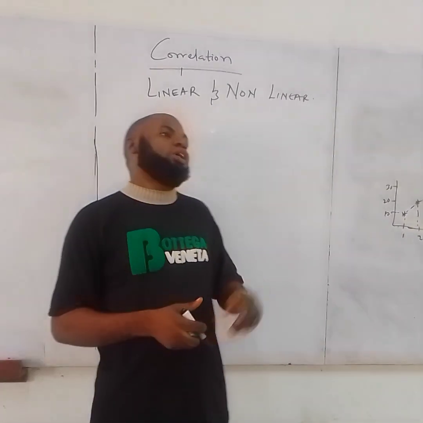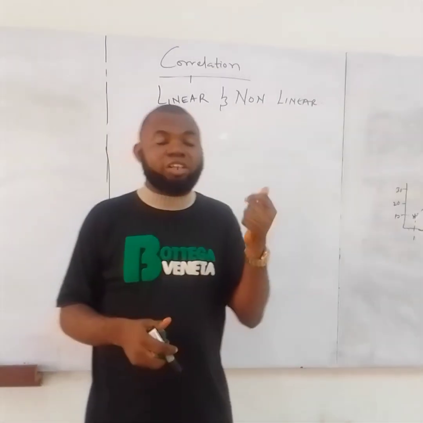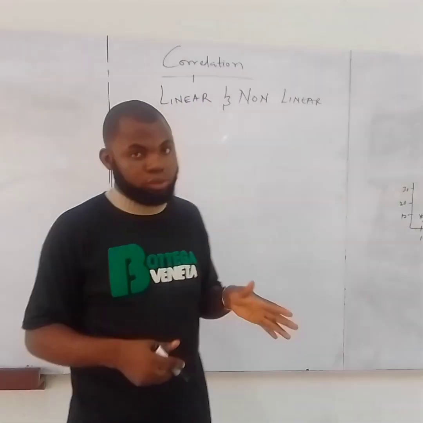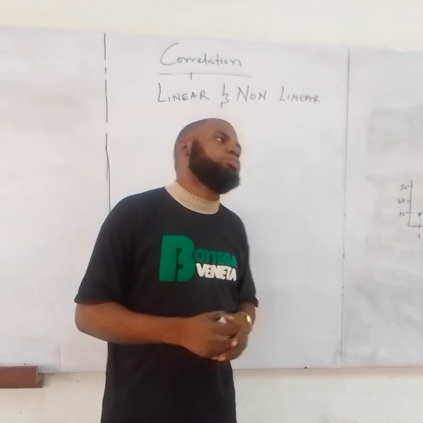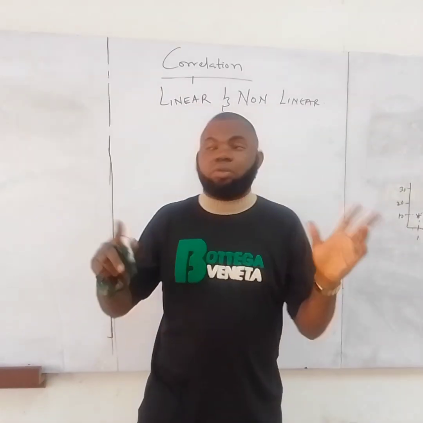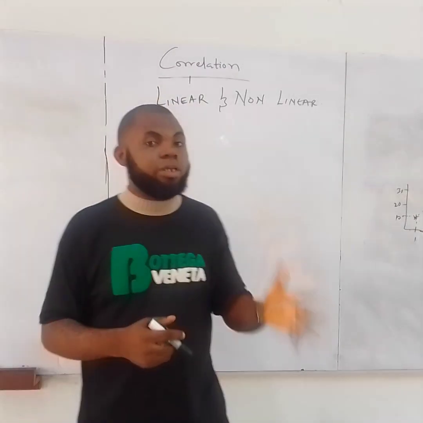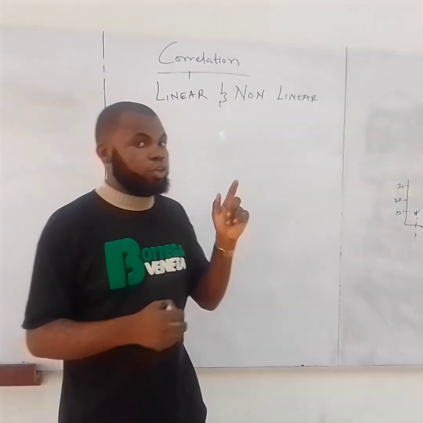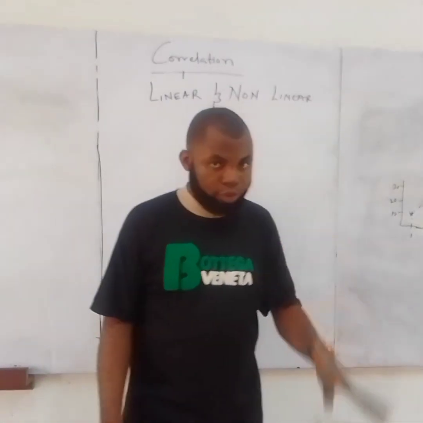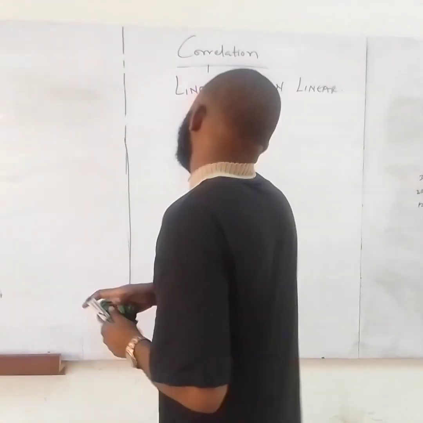I'll come again. A correlation is said to be linear if a change in one variable brings about a constant change in another variable. But for non-linear, if you are asked what the non-linear aspect of correlation is, you can say a correlation is said to be non-linear if a change in one variable brings about a different change in another variable.